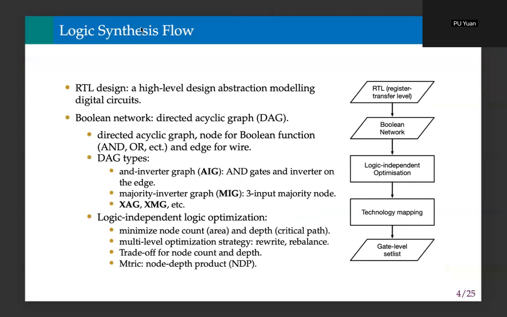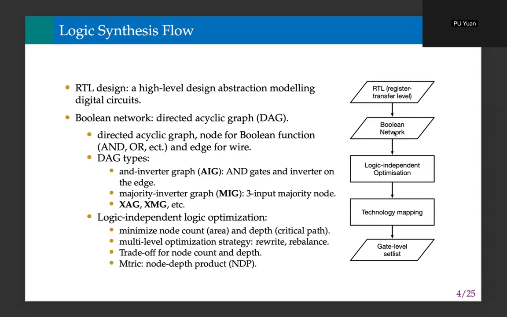First, let me introduce the concept of logic synthesis flow. Logic synthesis starts from the RTL design, which is the high-level abstraction modeling of digital circuits, and then it is converted into the Boolean network.